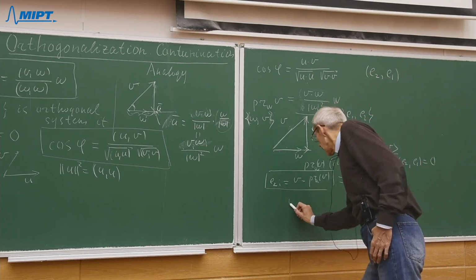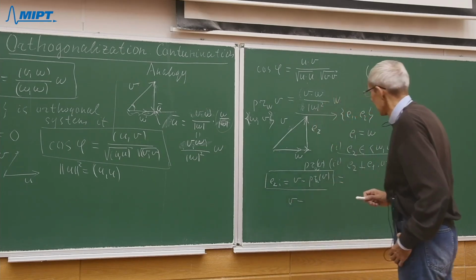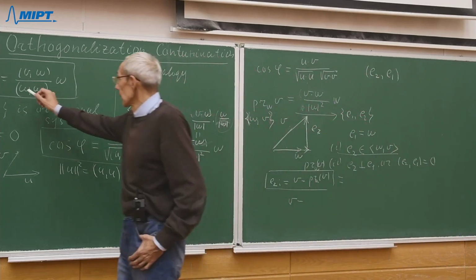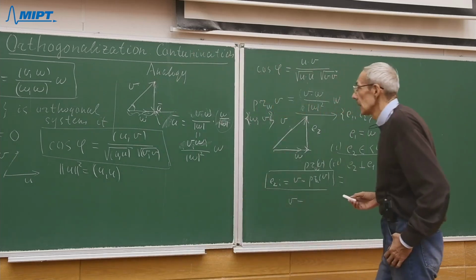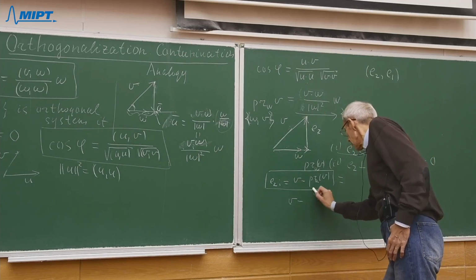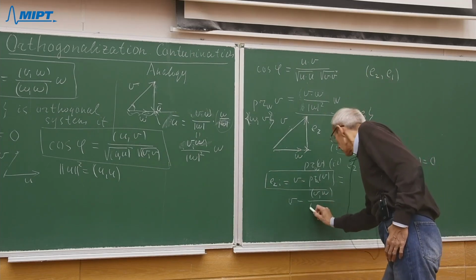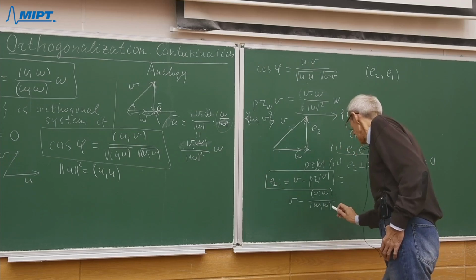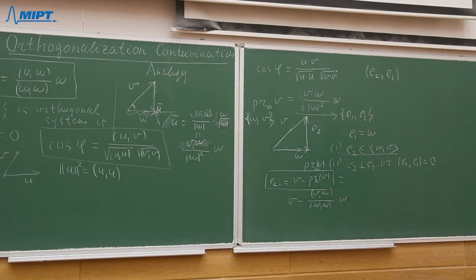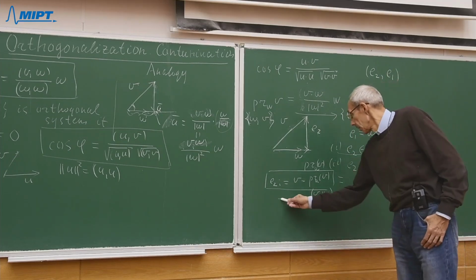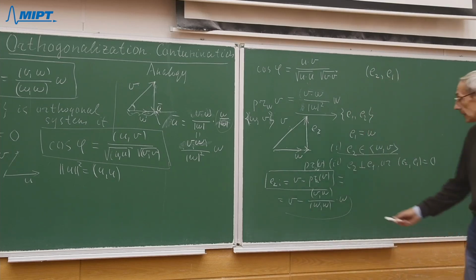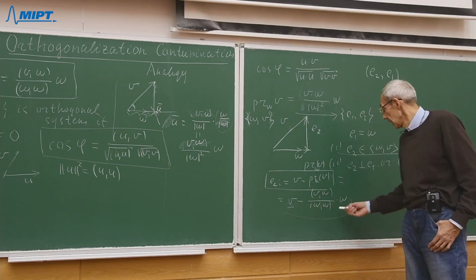If I rewrite this equality and substitute the expression for the projection, I obtain the following expression: the ratio vw over ww multiplied by the vector w, and you can see that the vector e2 is a linear combination of the vectors v and w.